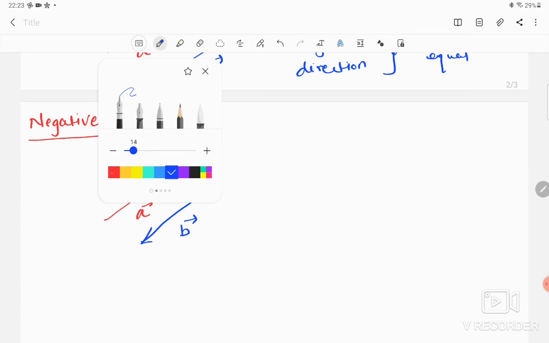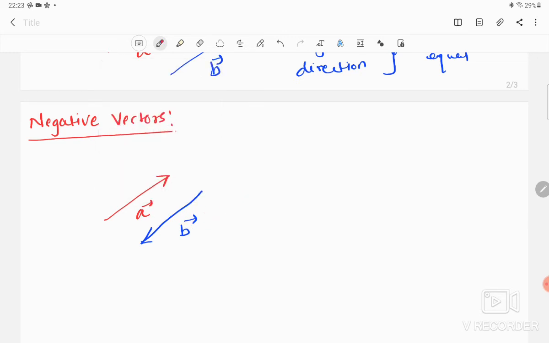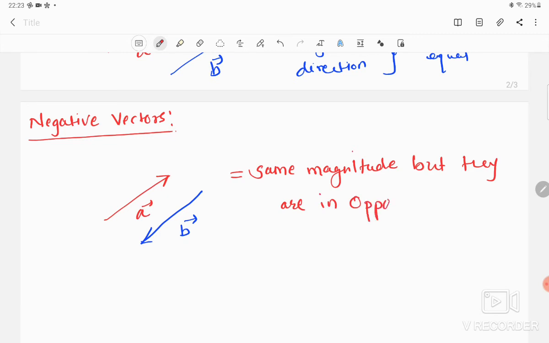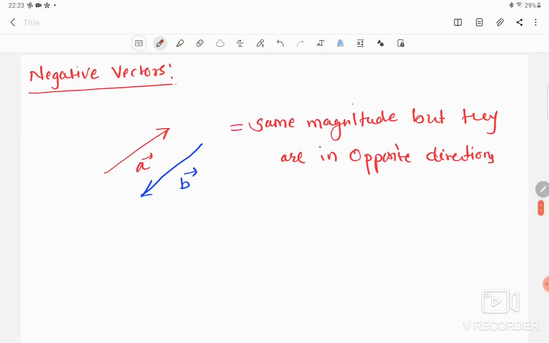Now you can simply say that a bar is the negative vector of b bar, or b bar is the negative vector of a bar, because they both have the same magnitude, but they are in opposite directions. Therefore these vectors are said to be the negative of each other.